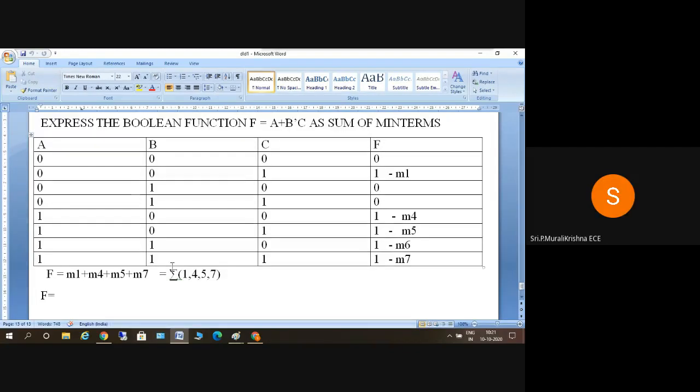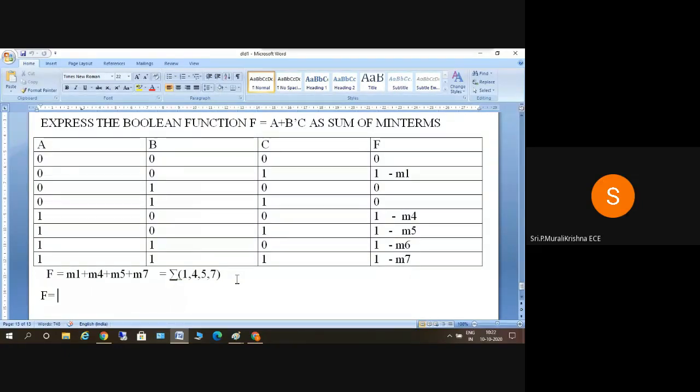So this is where we stopped yesterday. We discussed min terms and max terms. What is a min term and what is a max term? A min term is an AND operation of the input variables, the AND operation of the possible input variable combinations.